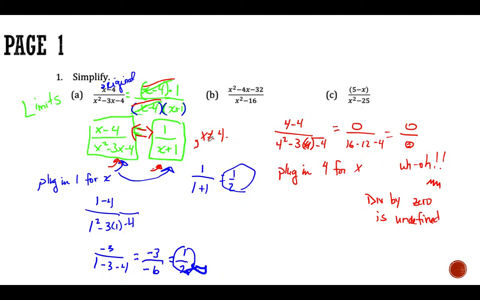So you need to tell when you are simplifying, you need to say that when I canceled and simplified out the expression, this new expression is equivalent to the old one, or the original, I should say, except when x is equal to 4. Okay?